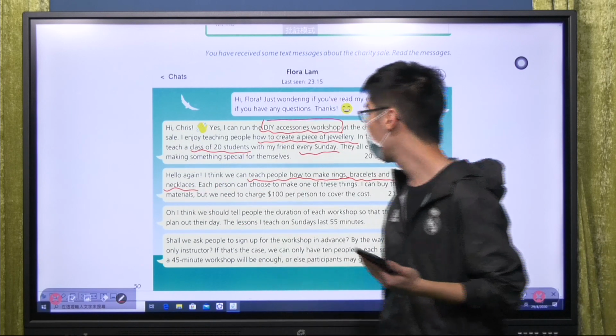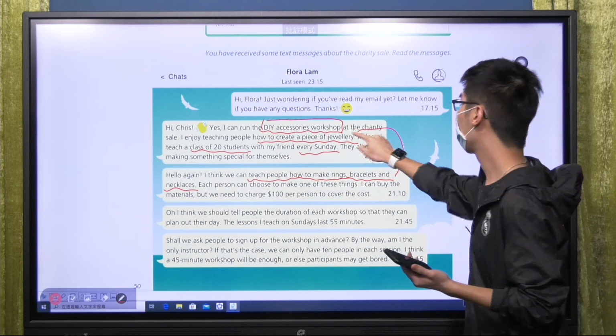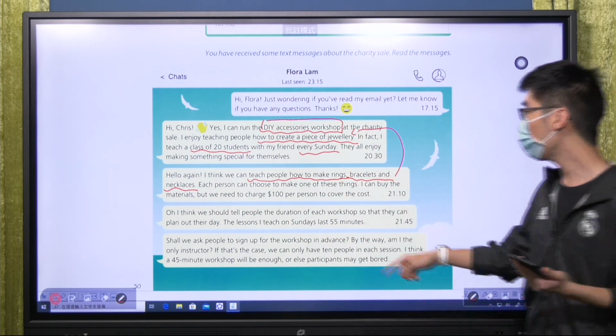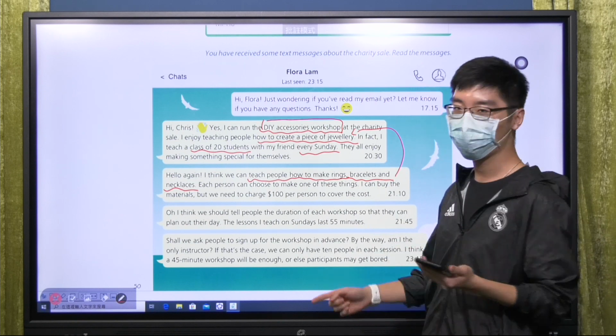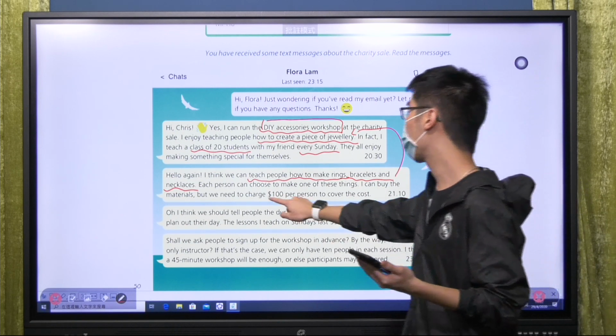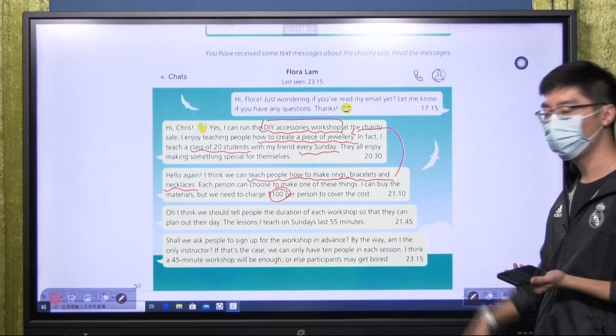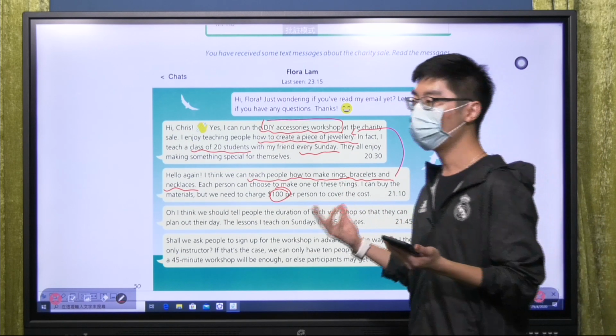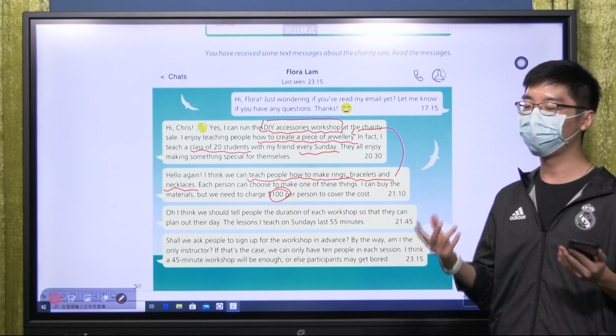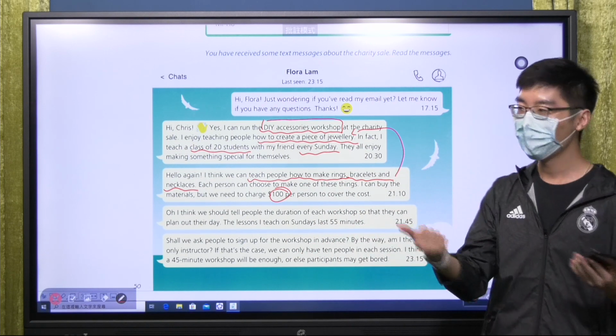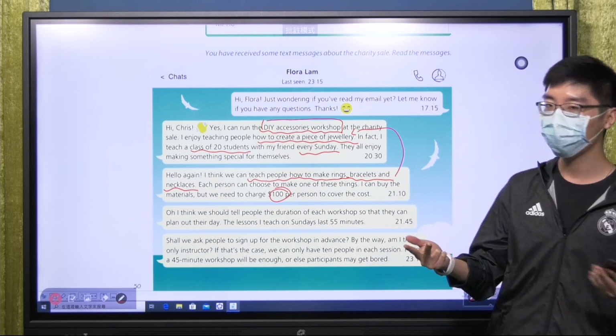So what kind of necklace did they used to make? And then how much? For a shop we need to know how much. 100 per person. May be useful for the data file. Some kinds of information are very important, for example, the numbers and the purpose or the name for the shop.